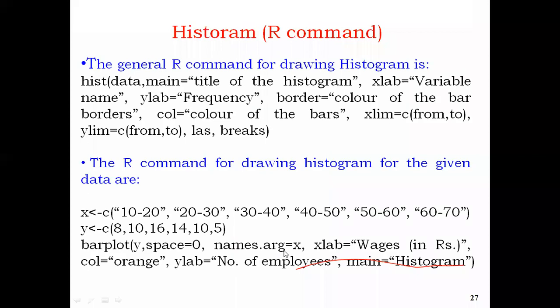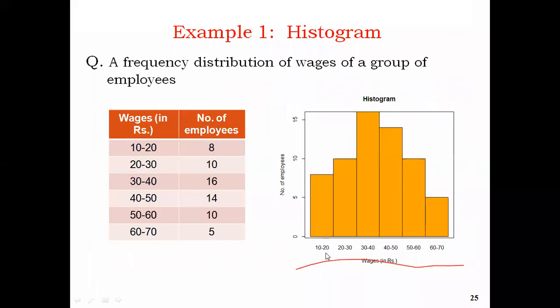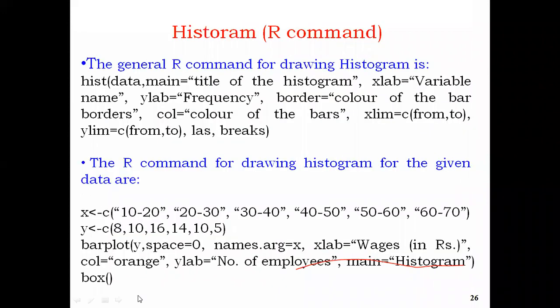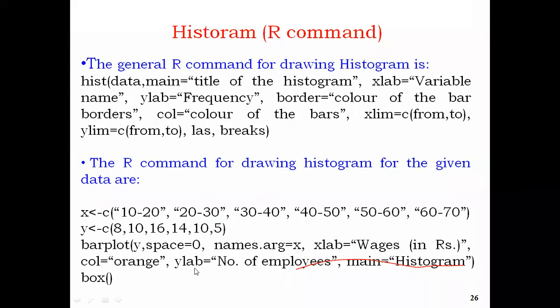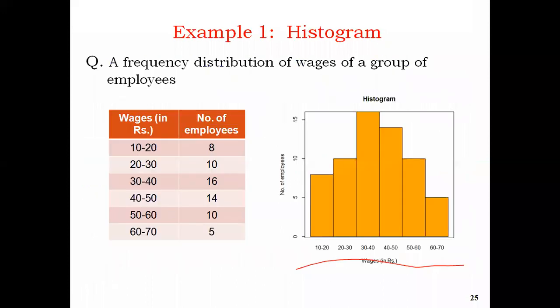Then names.arg is X, XLab is wages in rupees, and color is orange. We are considering orange color here. Then YLab is number of employees, main is histogram, then box. Now you see, this is your histogram.